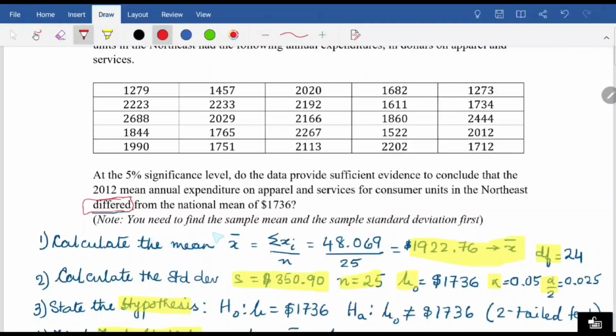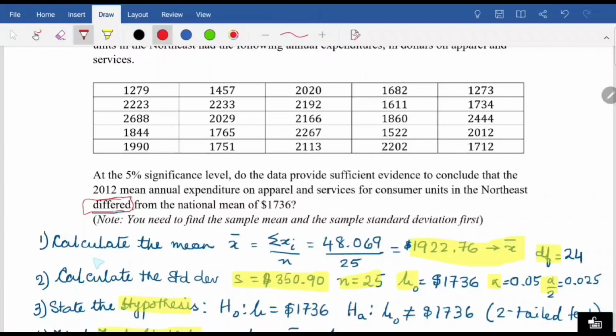And it says here you need to find the sample mean and the sample standard deviation first. So they haven't given us what the sample mean is. They've just given us the individual data points from those 25 units. They haven't given us what X bar is. We need to find that. And they haven't told us what the population standard deviation is. So we have to find what's called the sample standard deviation.